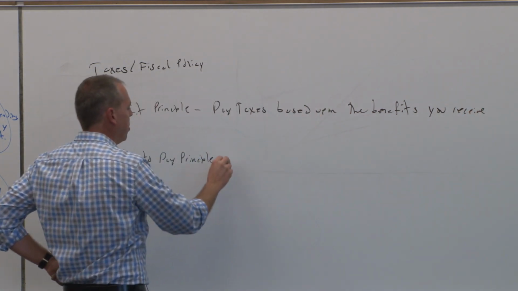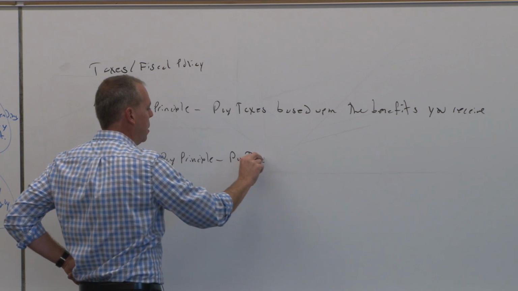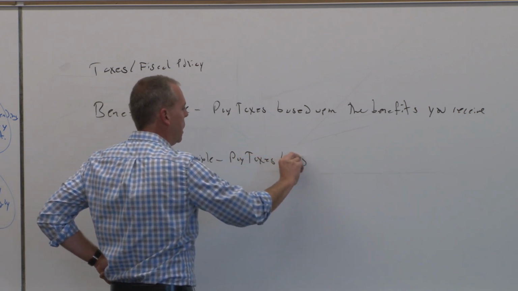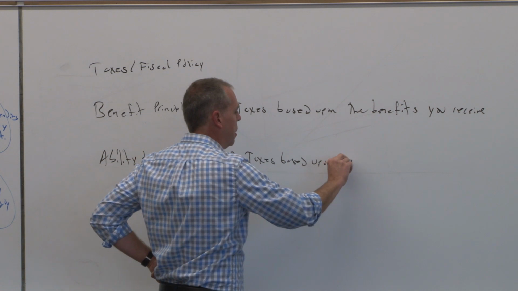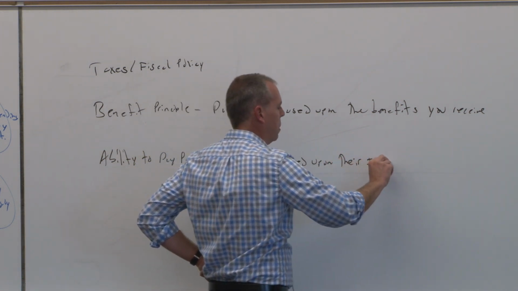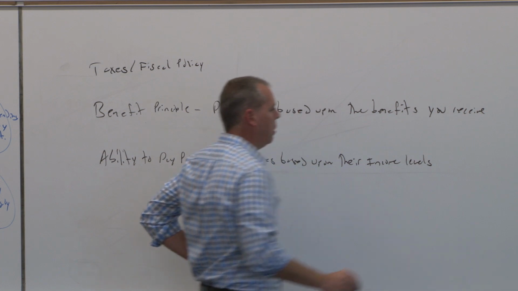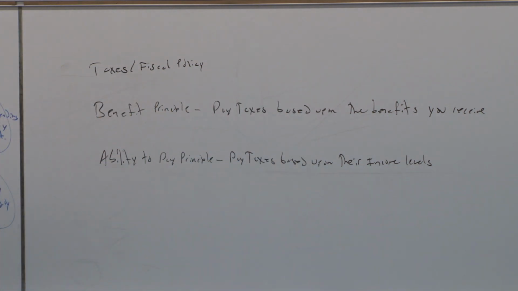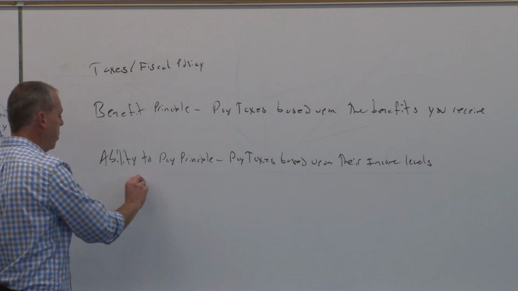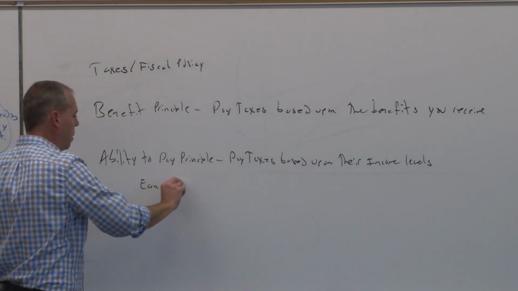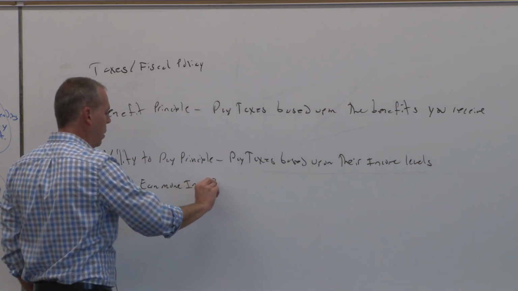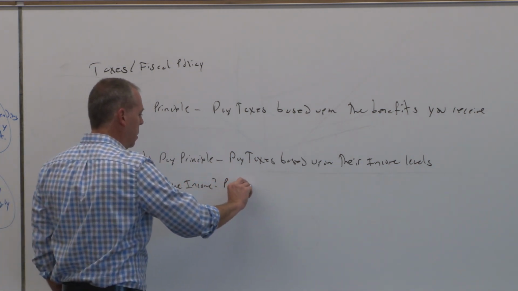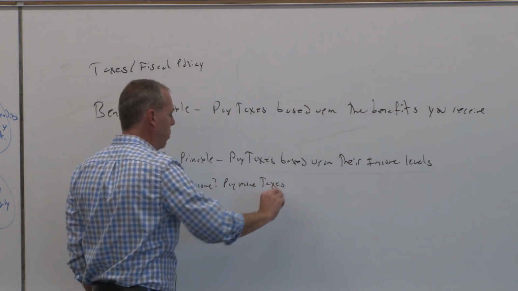Whereas this ability to pay principle says people should pay taxes based upon their income levels. Now, they don't sound that different, but they're vastly different ideas. Because in essence, what the ability to pay principle says is that you can think of it like this. People that earn more income should pay more taxes.